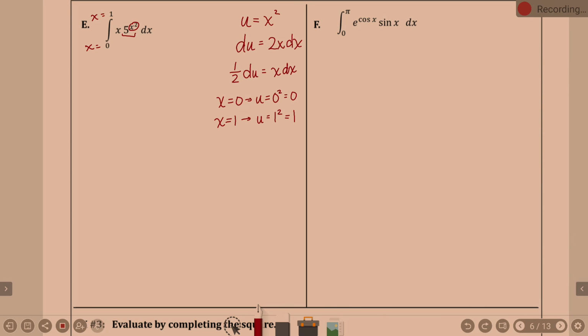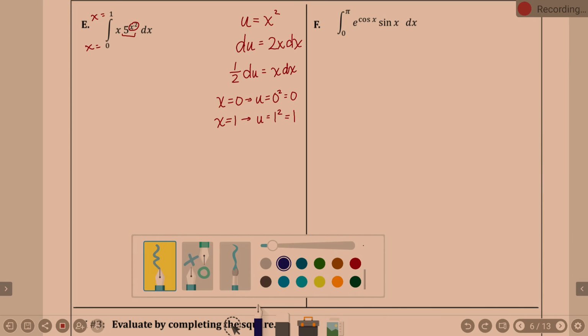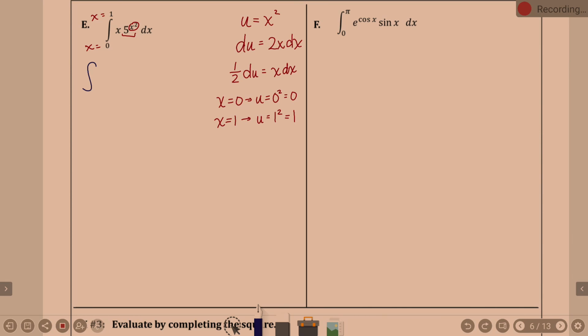Okay. So 5 to the x squared is going to be 5 to the u. x dx is 1/2 du. Sorry, that was 5 raised to the u if you made my mistake. My boundaries of 0 to 1 change to be 0 and 1.